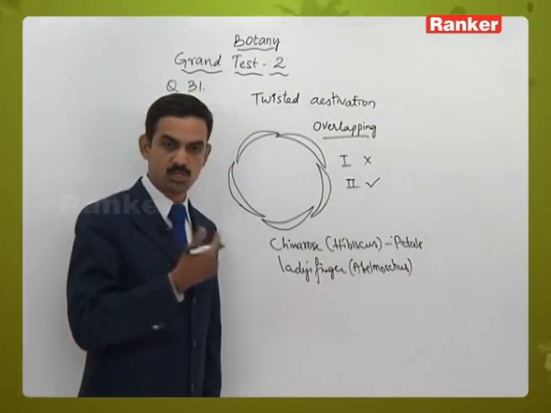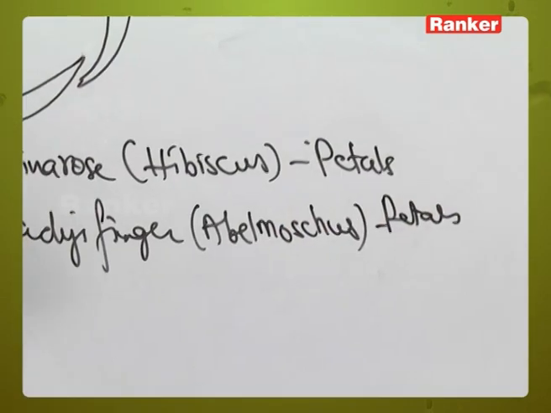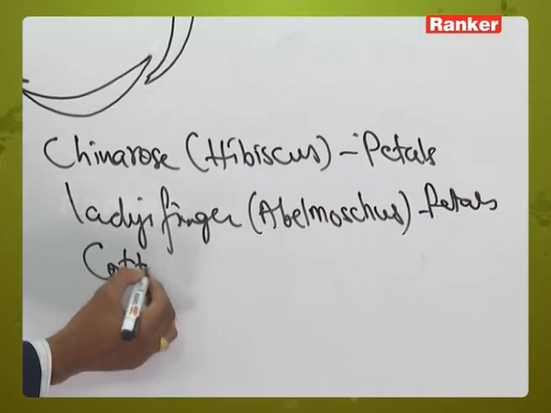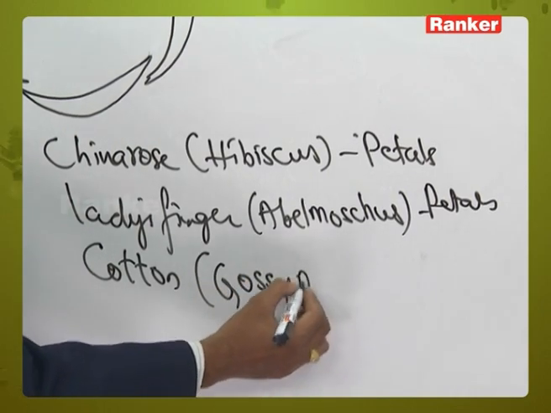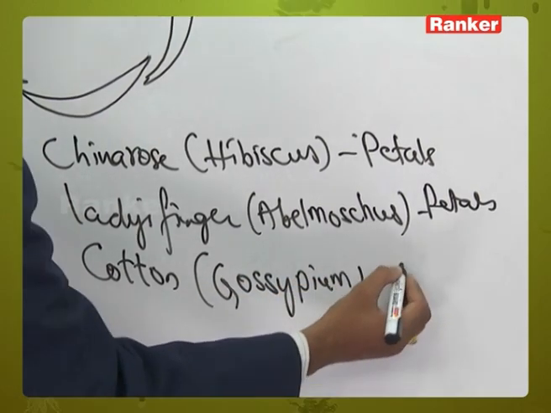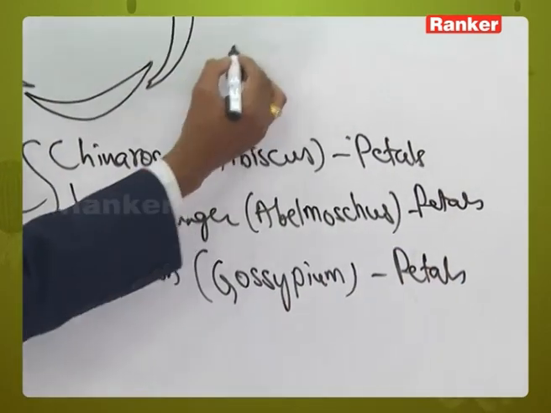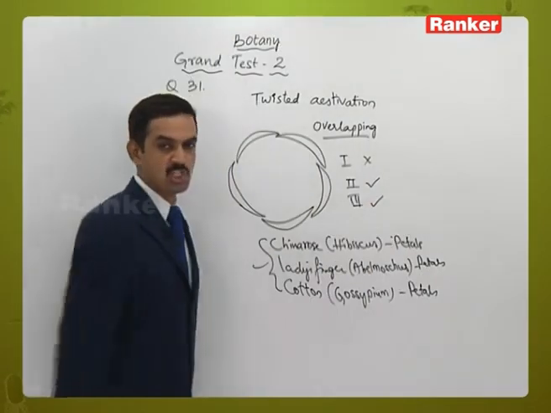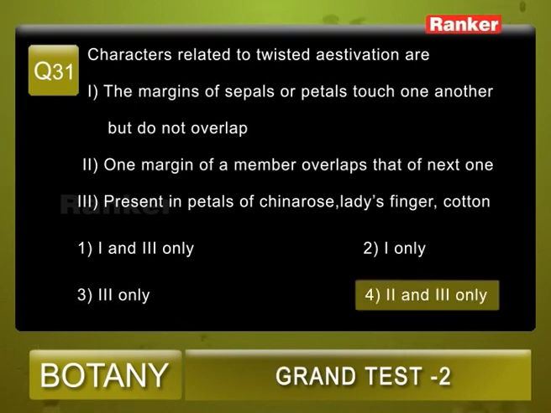There also the petals will show that character. Then coming to cotton. Cotton is a Malvaceae family member. The genus is Gossypium. Here also the petals will show this character. Yes, all the 3 examples are showing this, so 3 is also correct. So from the given statements, we can say that 1 is wrong and 2 and 3 are correct. So question number 31, the correct answer is 4.